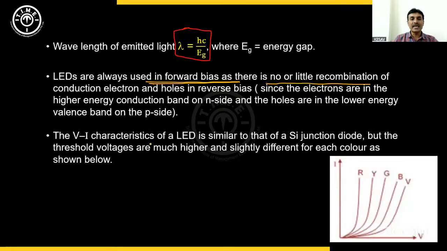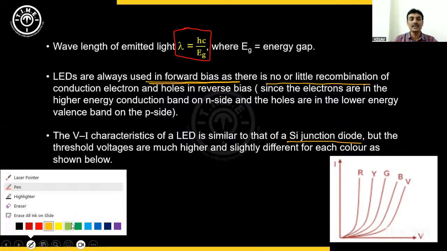Coming to the VI characteristics of LED, it is very much similar to a normal silicon junction diode. The VI characteristics, voltage versus current, of LED. It is similar to the simple silicon junction diode, but the threshold voltages are much higher and slightly different for each color as shown.